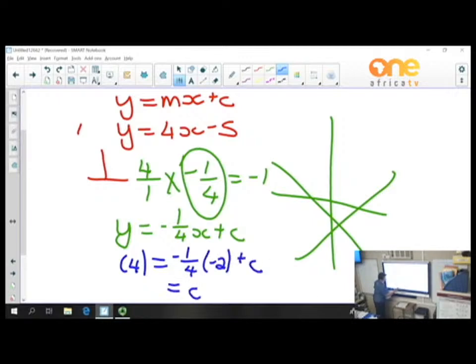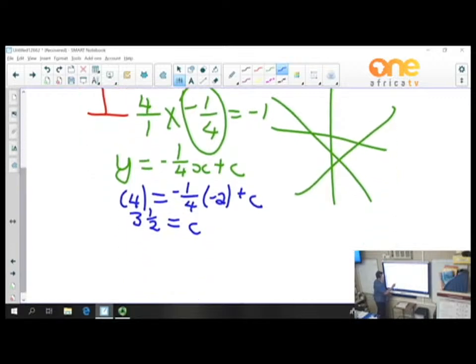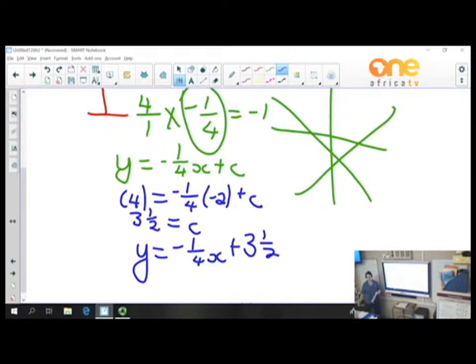So what is your value of c? This gives you +1/2, isn't it? So 4 minus a half, what do you say c is? 3.5. You can use it as an improper fraction or like this. And then my equation is y is equal to negative a quarter x plus 3.5. That's your equation.